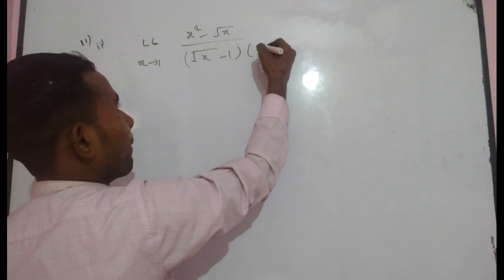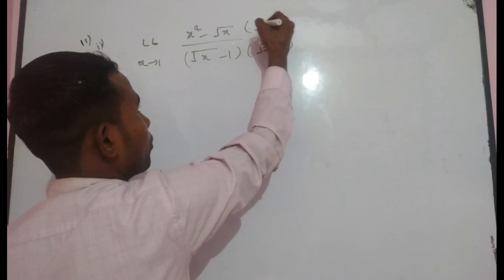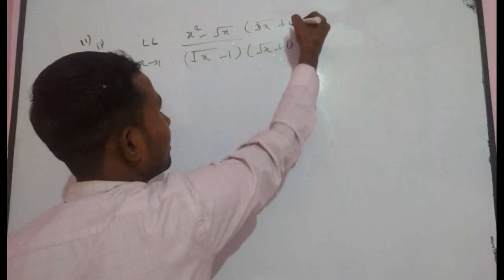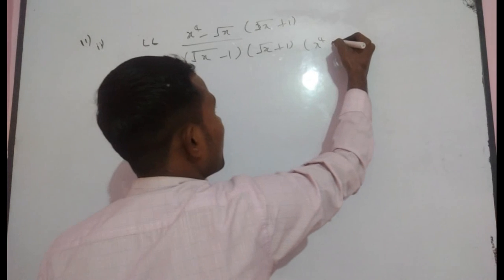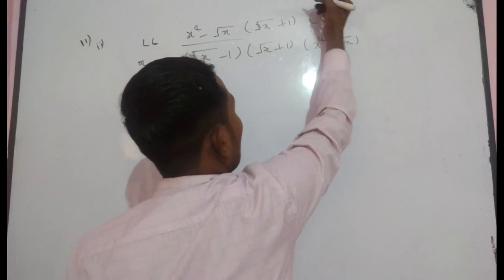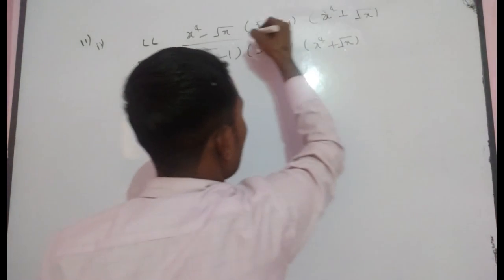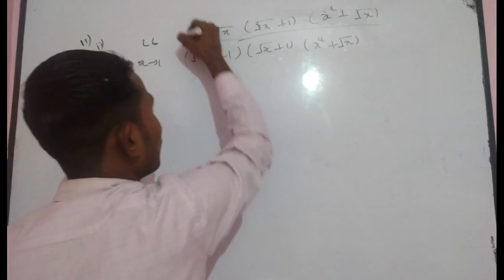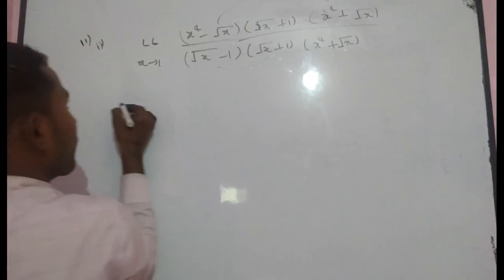Simply you have to multiply by its conjugate. After that it becomes very easy for you. Can you write it? You also have to multiply by its conjugate. Then what can you say? x to the power 4 plus root under x. Now you observe that if you take both terms in one place, can you write it?